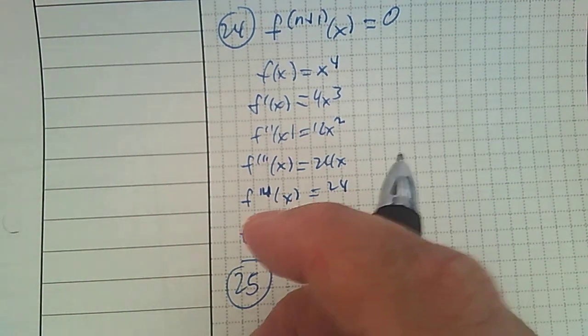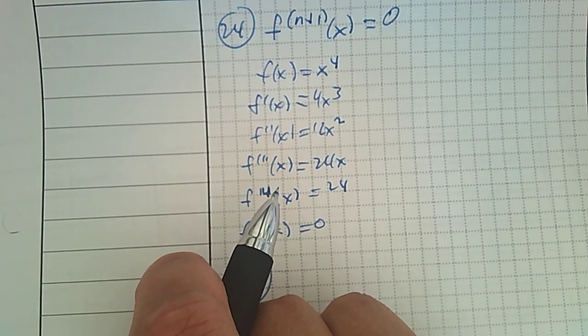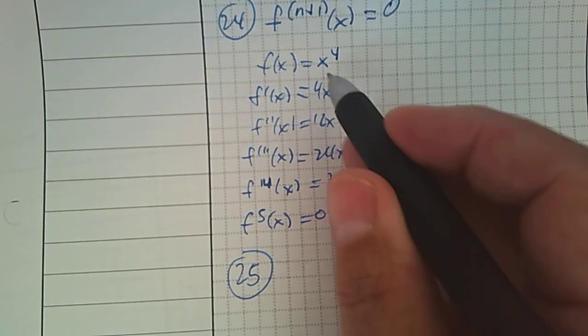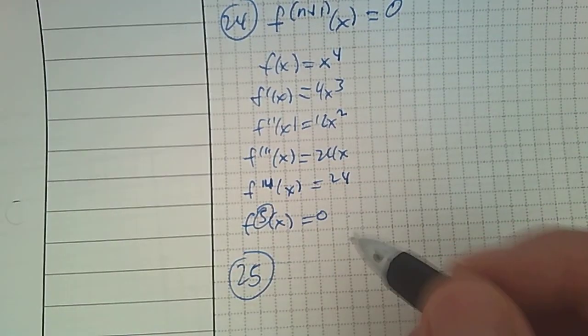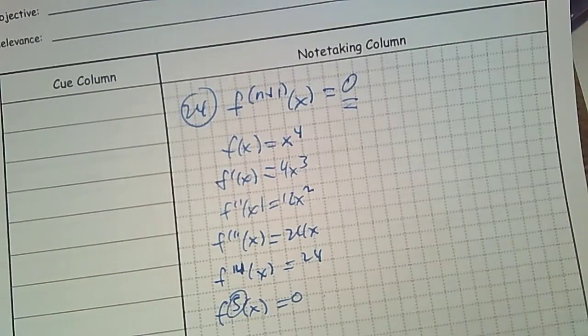So again, if f of x is an nth degree polynomial, find the n plus 1 derivative, all the way there, whatever that is. And eventually what it's saying is, if you take the derivative enough times, n plus 1, eventually, way down the line, the answer will always be 0. That's a very confusing way of answering it.